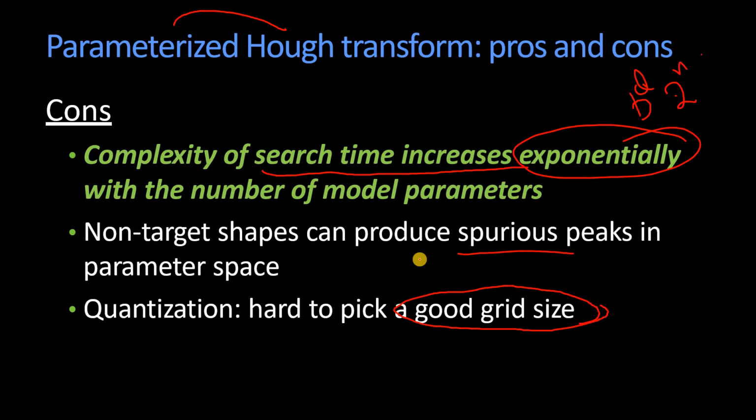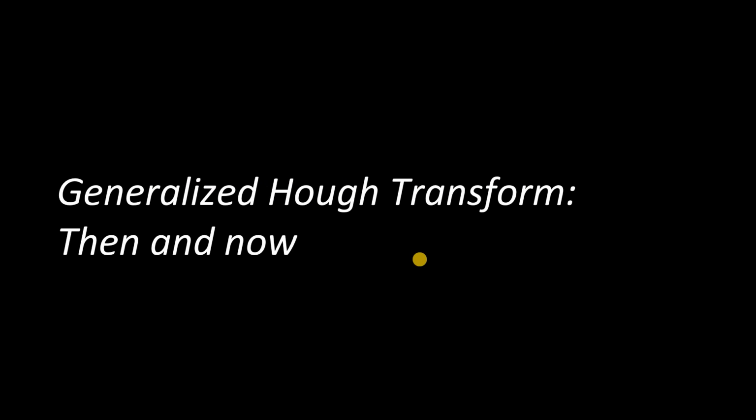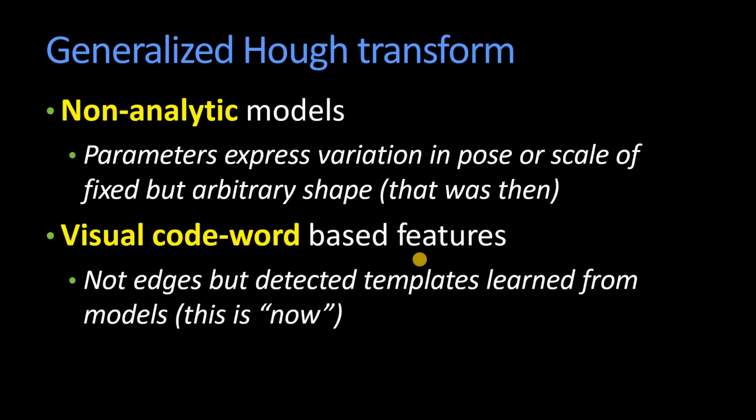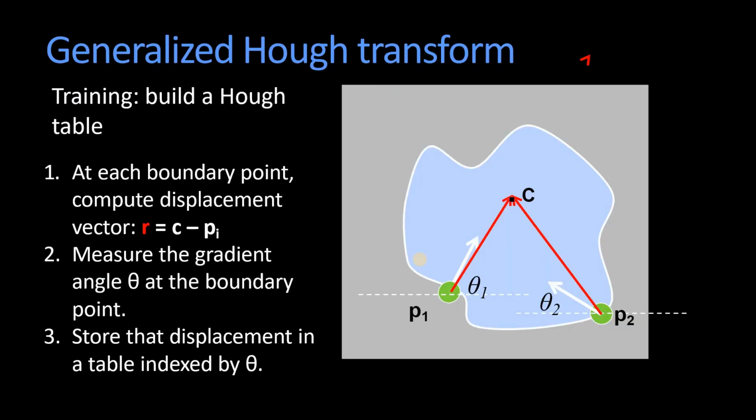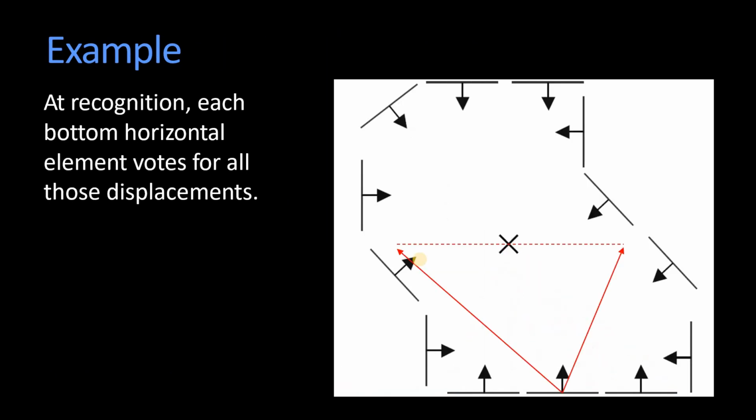So how much of the image at a time, how much window size you will use, it's hard to pick. So this is the Hough transform, and the next one we don't cover, but it's about irregular shapes. You can use the Hough transform to detect irregular shapes. There is a huge lot of theory for this.